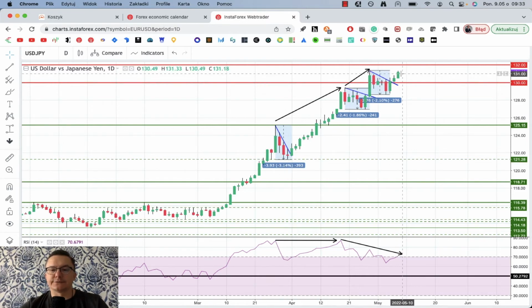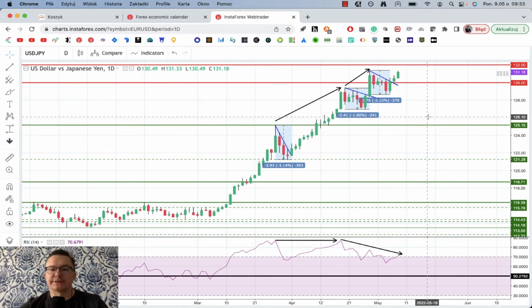So as long as we don't have a bigger pullback here, we cannot really expect the market to terminate the uptrend and then perform some kind of corrective cycle. So the outlook is still bullish.